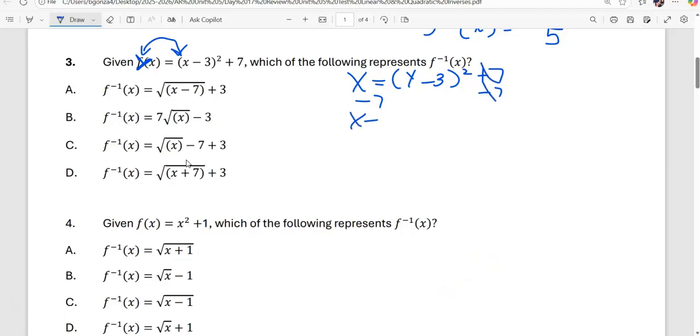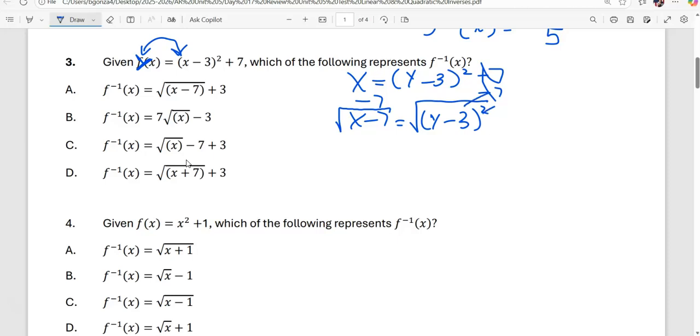So now we have x minus 7 equals (y minus 3) squared. Now, what do you get rid of first, the minus 3 or the squared? Since there's parentheses, you've got to get rid of that squared first by doing a big old square root over the whole thing, right? So the square and the square root cancel out.